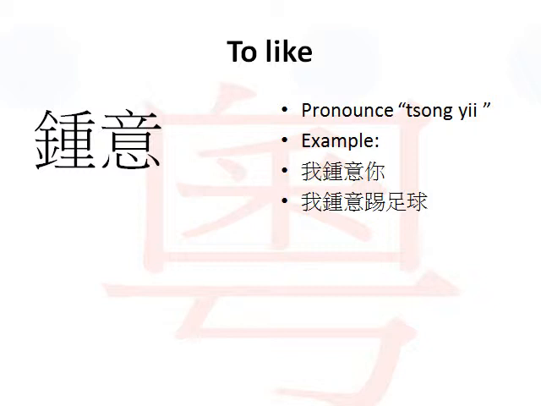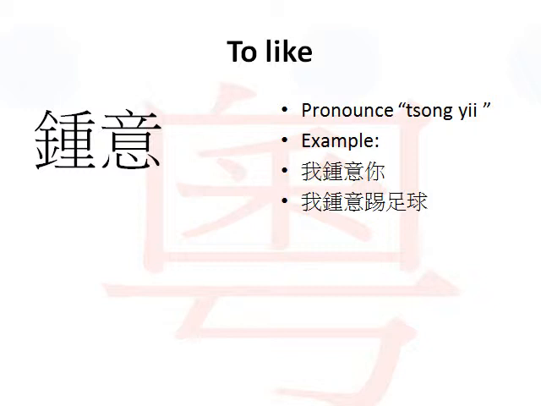The kanji on the left is pronounced 中, like T-S-O-N-G, and the kanji on the right is pronounced yi, or Y-I-I. Again, the Cantonese phrase for the verb to like is 中意.